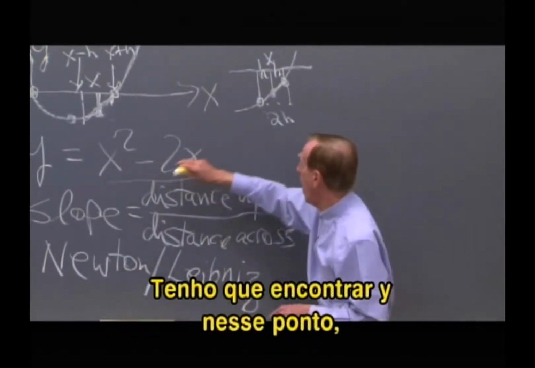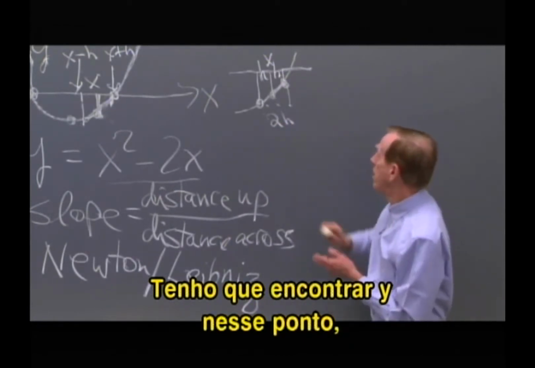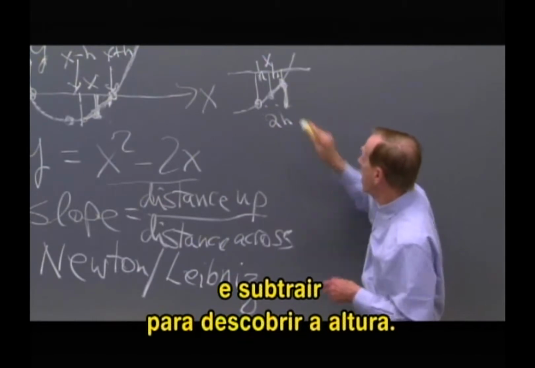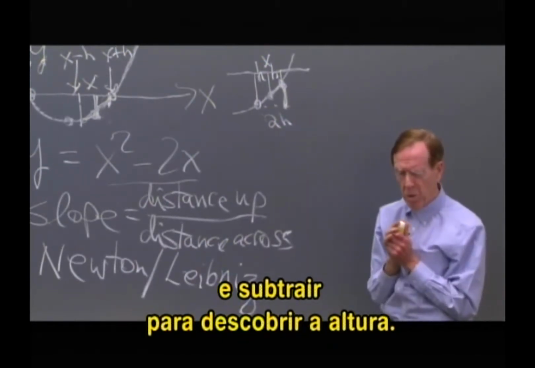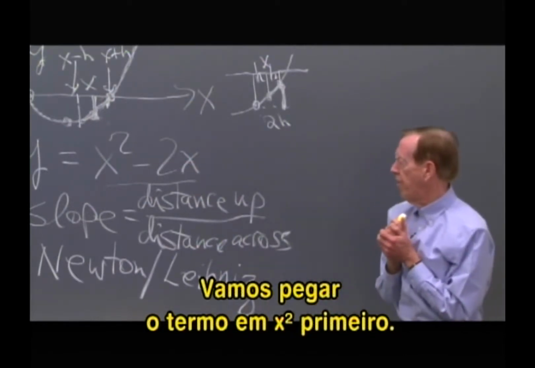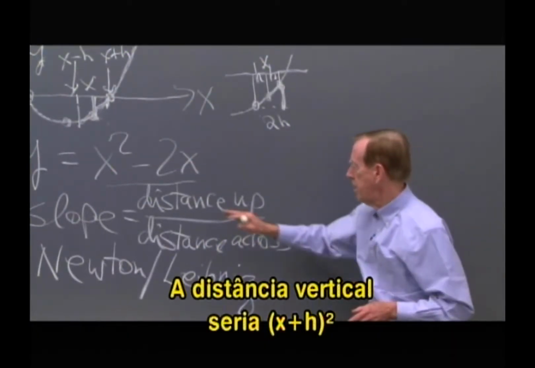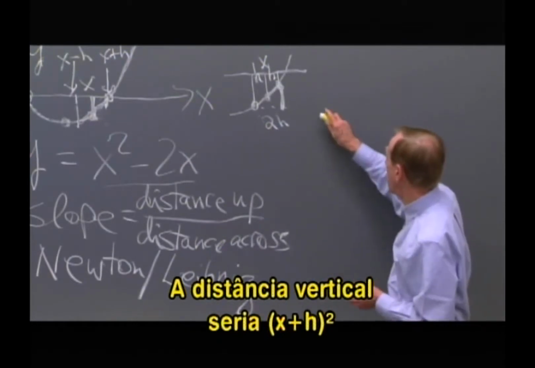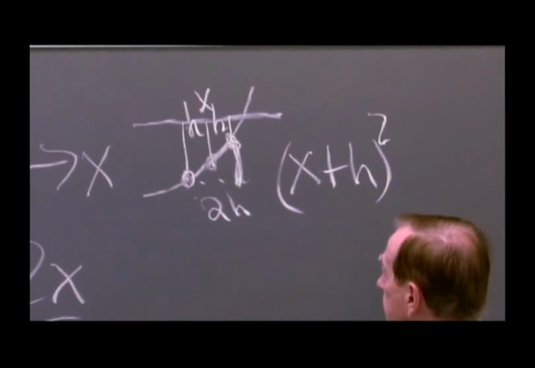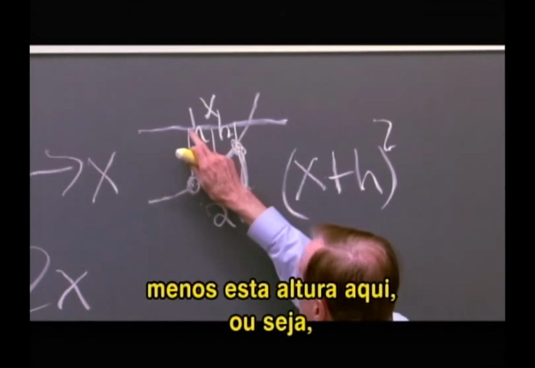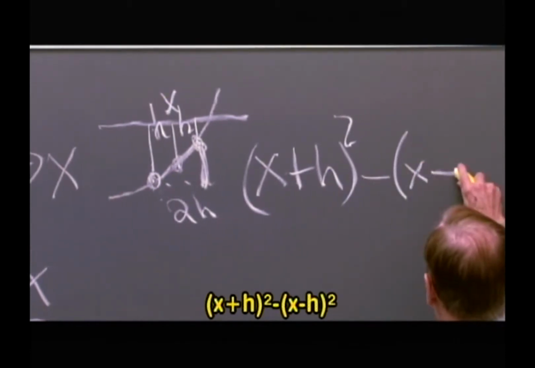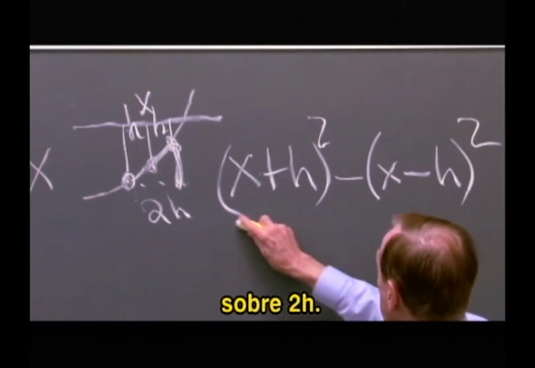So I have to find y at this point and y at this point and subtract to get that height, to get how far did we move. Okay, so let me take the x squared term first. So distance up from the x squared would be the x plus h squared minus this height, which is the x minus h squared, over 2h.